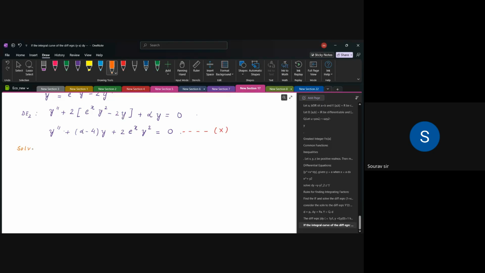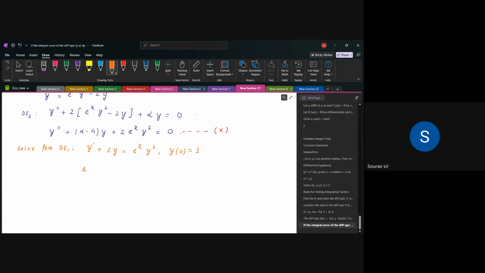Okay. So the process should be that we need to first solve for DE1. So my DE1 is basically y dash plus 2y is e to the power x y squared, with y of 0 equal to 1.